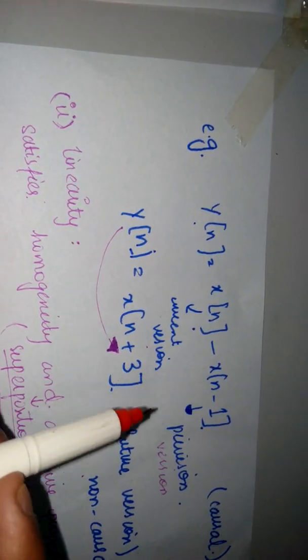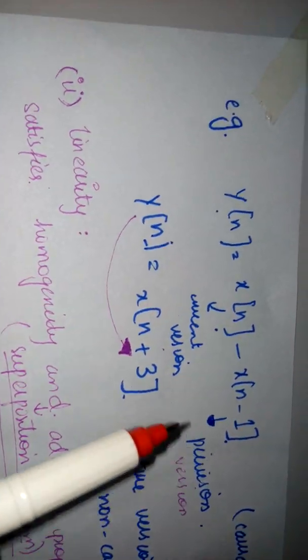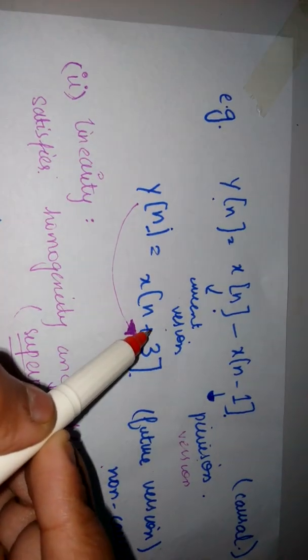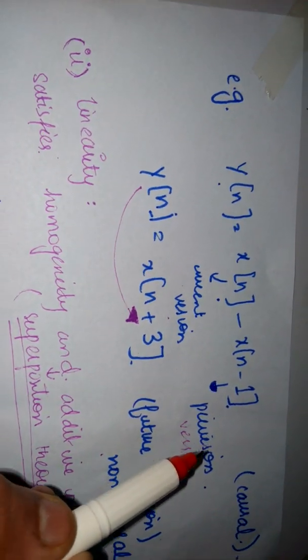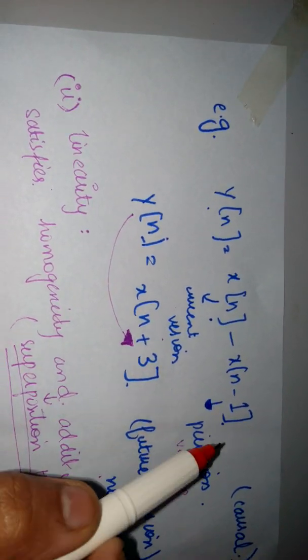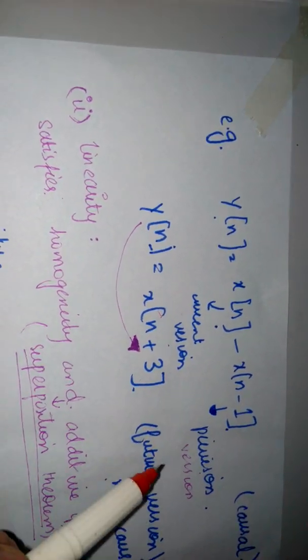For example, if y of n is equal to x of n minus x of n minus 1. In this example, x of n is the current version and x of n minus 1 is the previous version. So, as I already told you its definition, the output depends on the current version and also on the previous version.